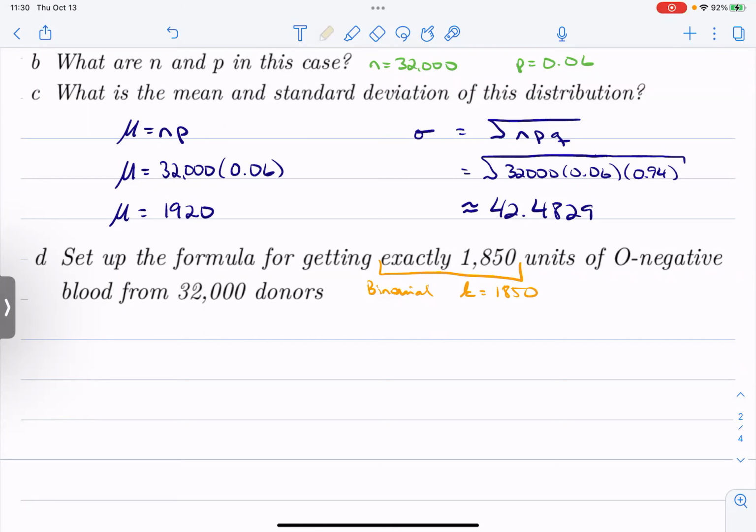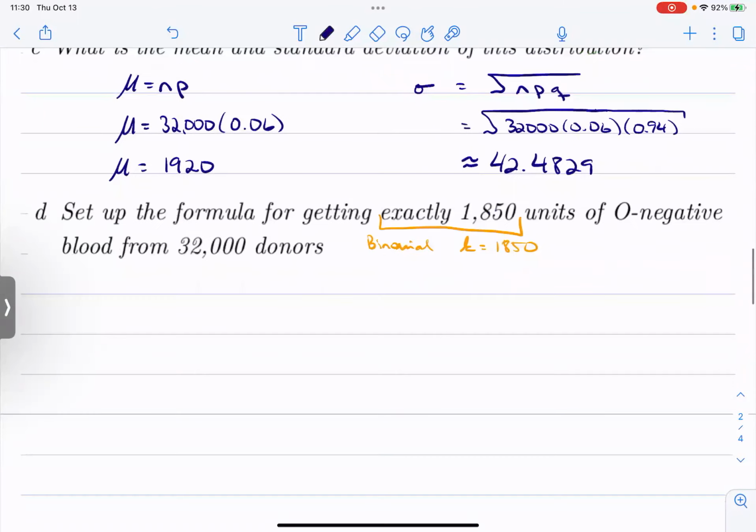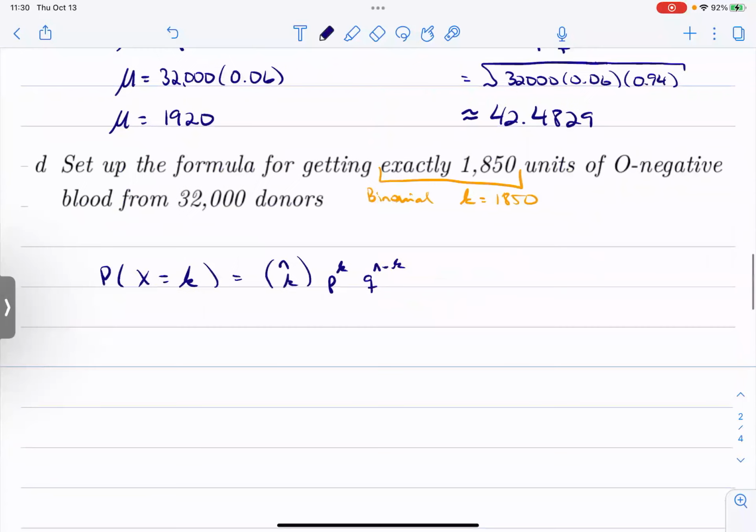If we set up the formula, the probability that X equals K is N choose K times P to the K times Q to the N minus K. Filling this in, I have 32,000 choose 1,850.